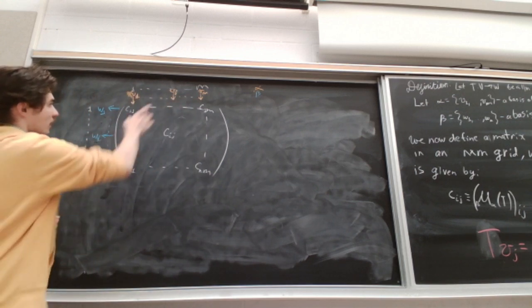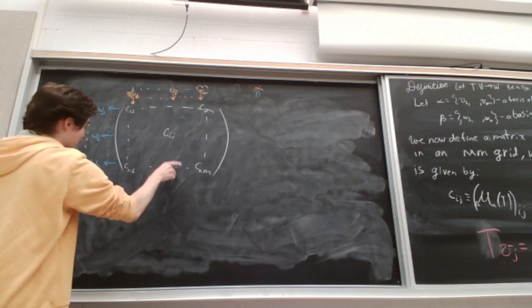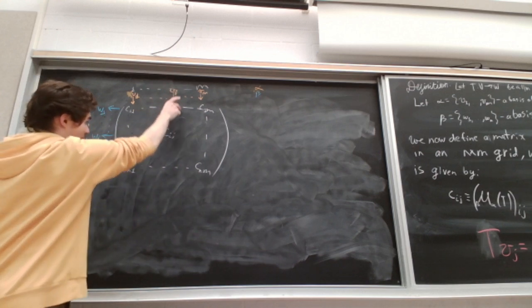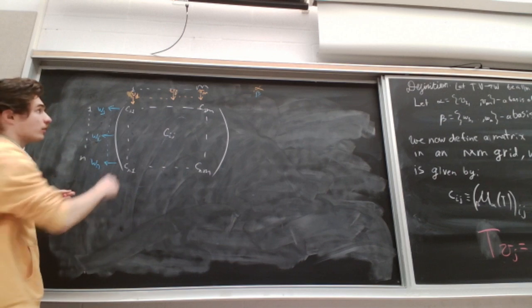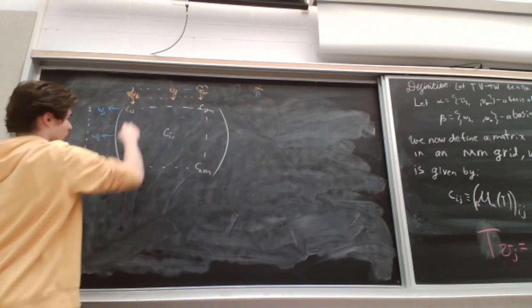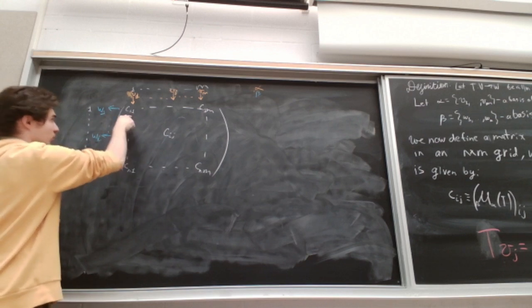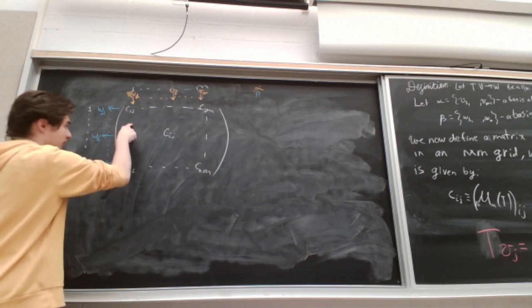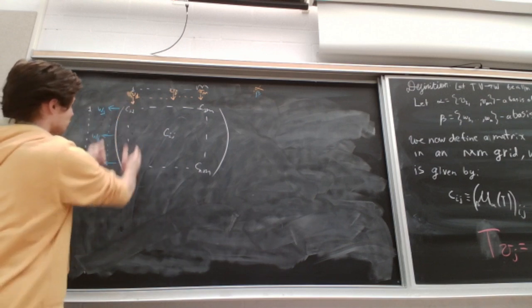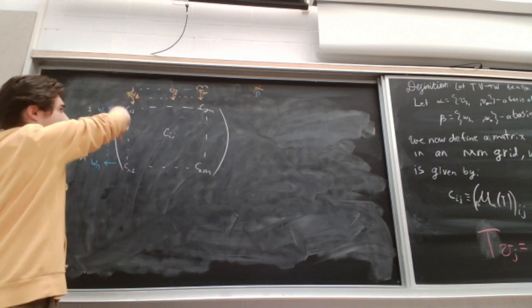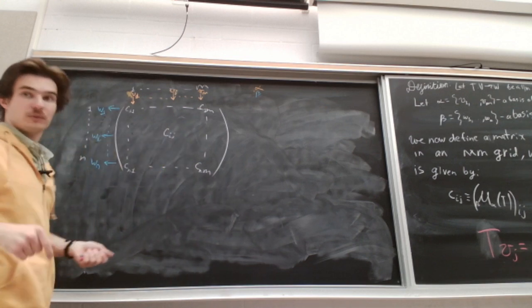So the column vector tells you the expansion of T Vj in the W basis. If I do T of V1, that's going to be C11 W1 plus C21 W2 plus C31 W3 and so on and so forth. So that's how you should read it: I'm inputting vectors v and outputting vectors w.